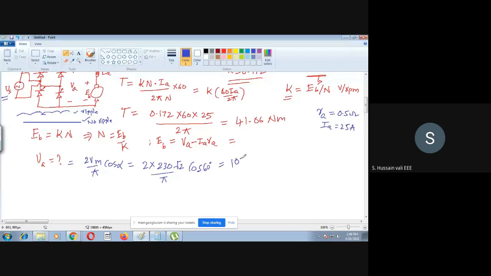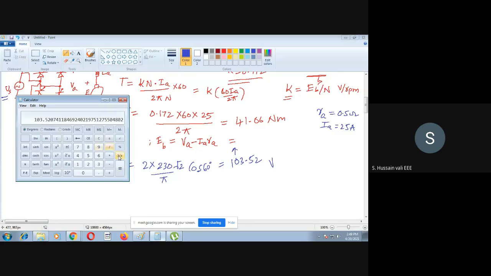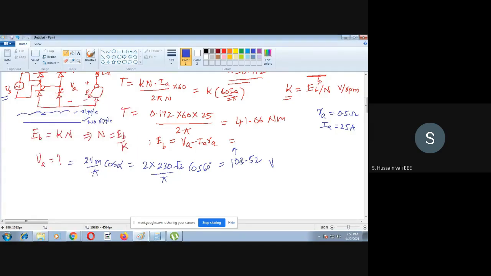So this is the VA value. Now we'll substitute the value. Did you get 536? Yes sir. Okay, no problem. I think I haven't taken the root 2 properly. It really does not matter. So we'll put 103.52 in the previous equation.